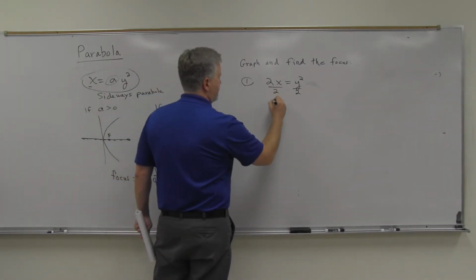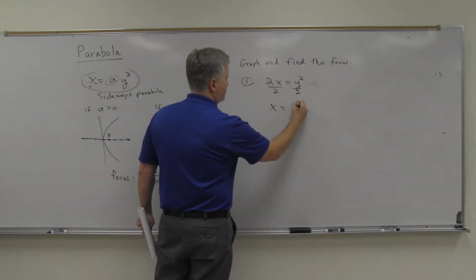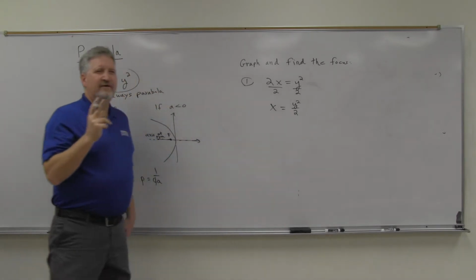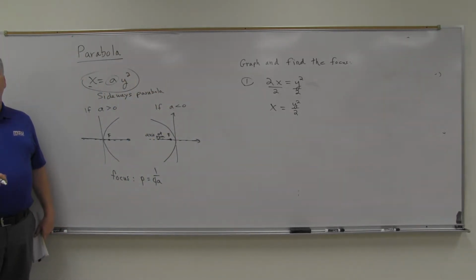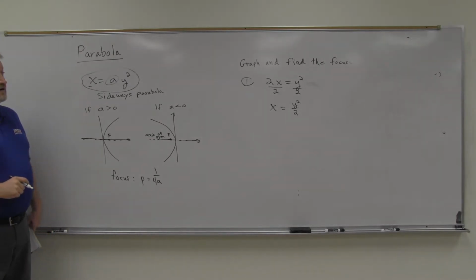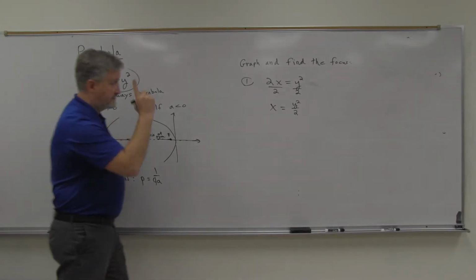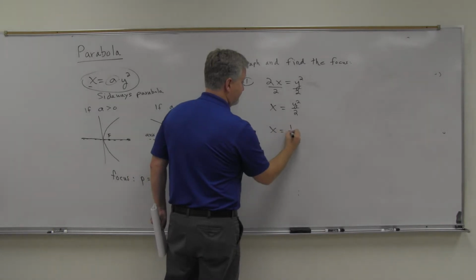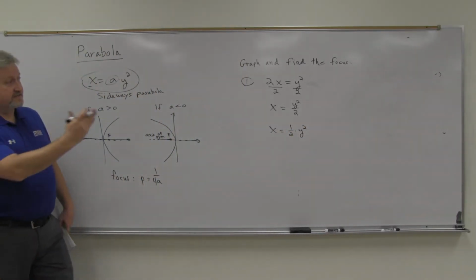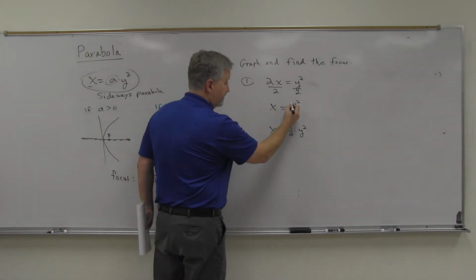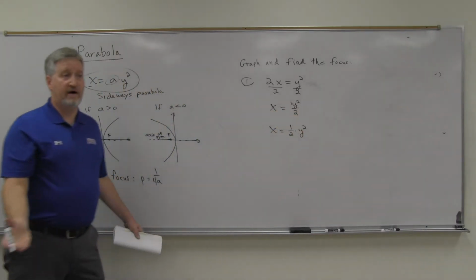So divide by 2, and that makes it x equals y squared over 2, which is still technically not in x equals ay squared form. What's the a there? A is what's times the y squared, so let's make one more little adjustment. Isn't that 1/2 y squared? Because on the top it's 1y squared, the bottom is 2.